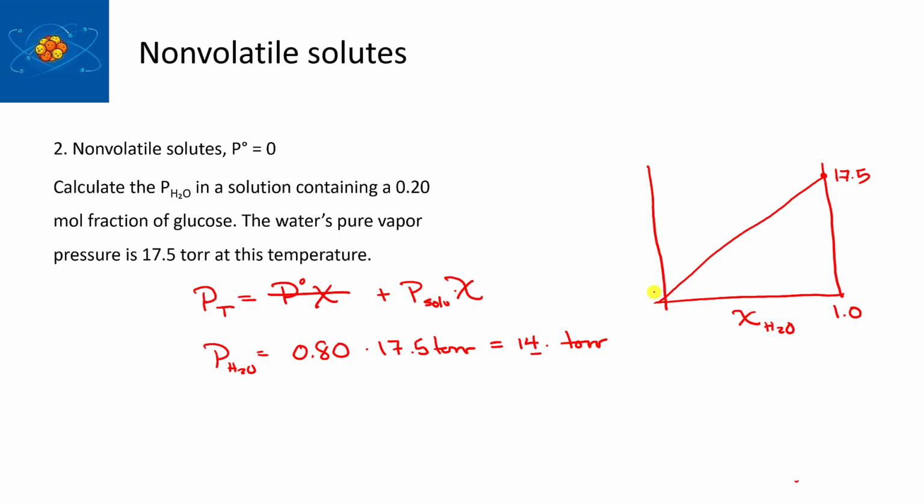And then at 0.8, if you were using a graph, you would simply go to this point here, and that would be your vapor pressure for water at a mole fraction of 0.8.